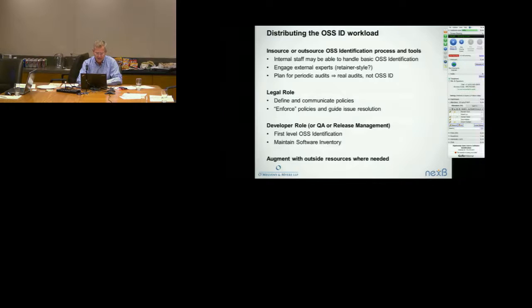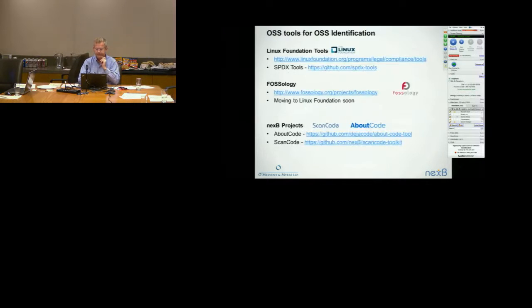So that's important, and that's really enabled by the emergence of these open source tools in which we are participating. Now let's look at some of the tools available for identification.